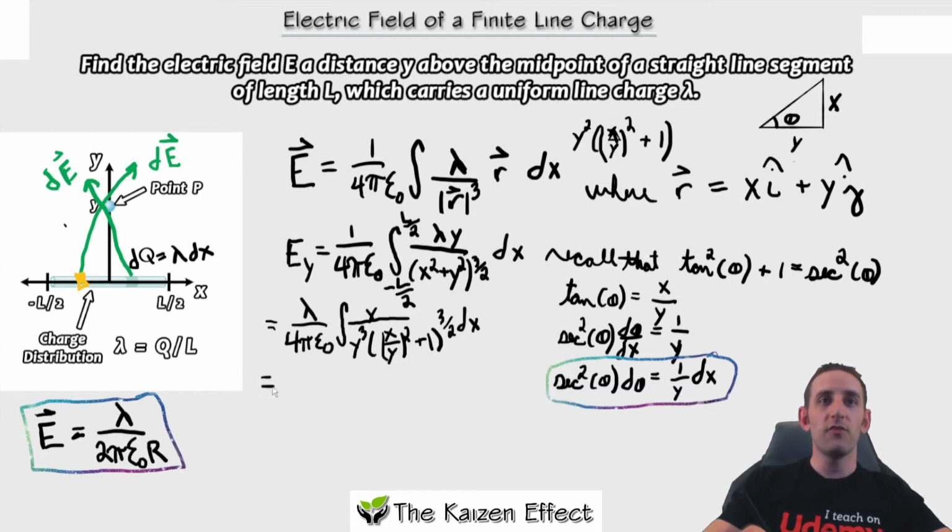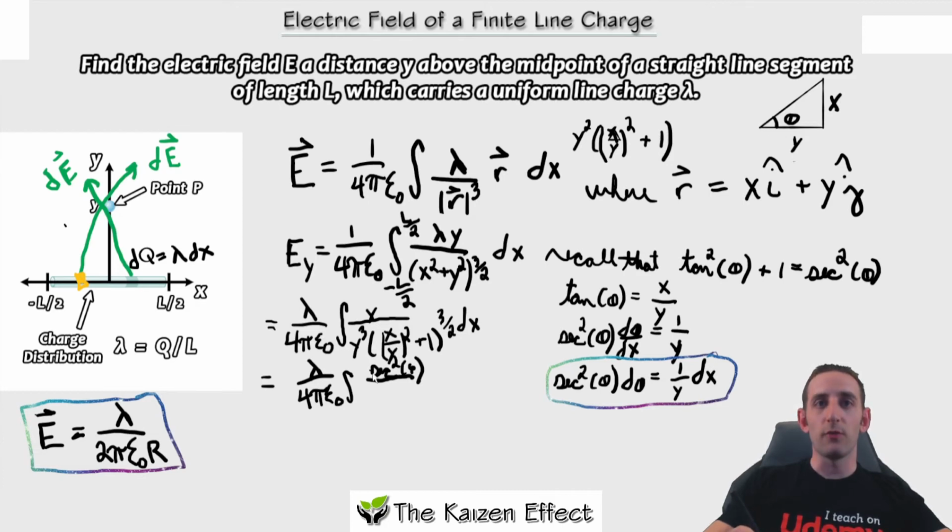And we find this just becomes lambda over 4 pi epsilon naught integral. We're going to have the dx over y, secant squared d theta.